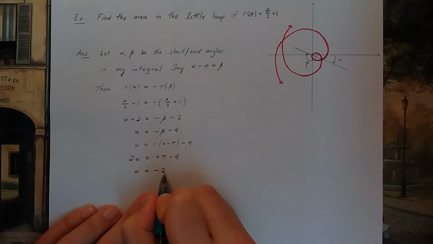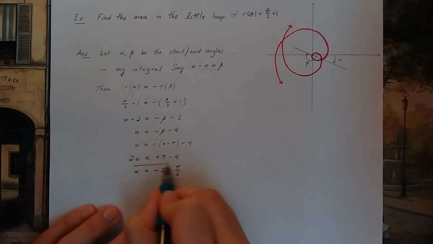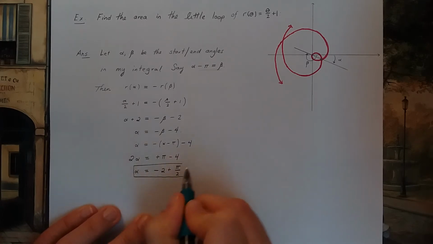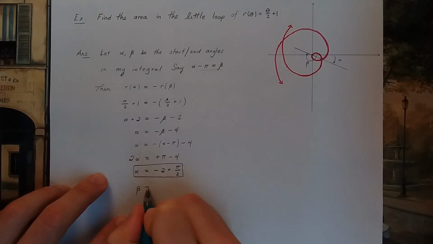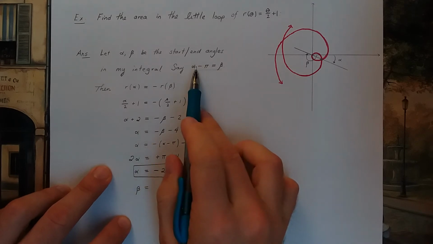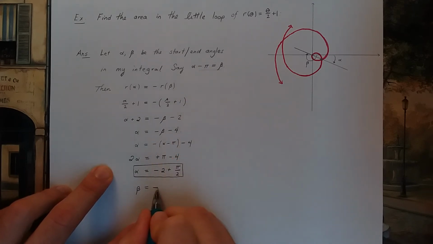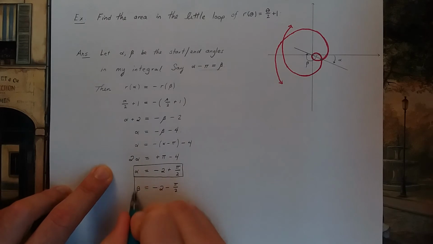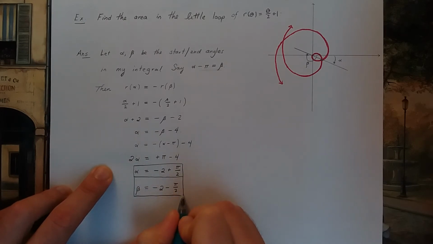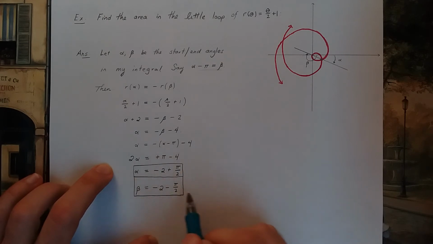Alpha could be negative 2 plus pi over 2. So I found my alpha, and if this is my choice for alpha, then beta is alpha minus pi. So I take this alpha, I subtract pi. I think if you subtract pi, you'll get negative pi over 2 instead of a positive. Okay, so I found my alpha, I found my beta.